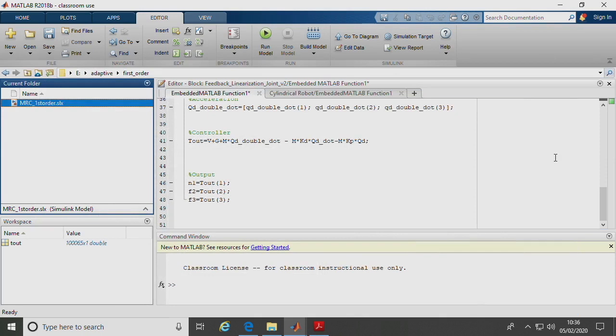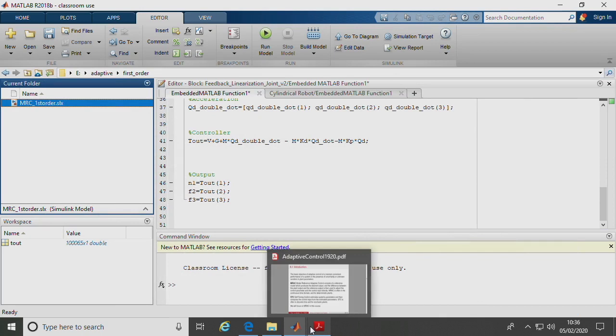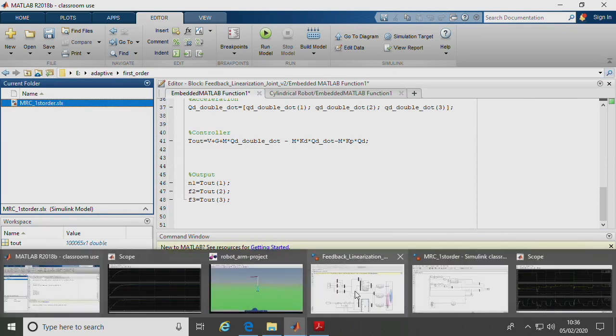So this reference model is helpful to create some form of dynamics which are a bit smoother and possibly a bit slower, or more suited to the kind of environment you want.